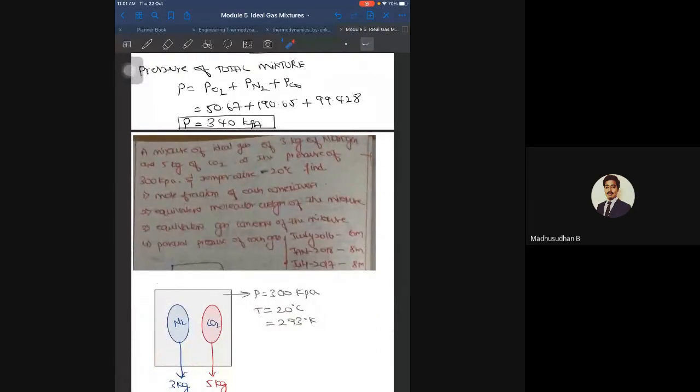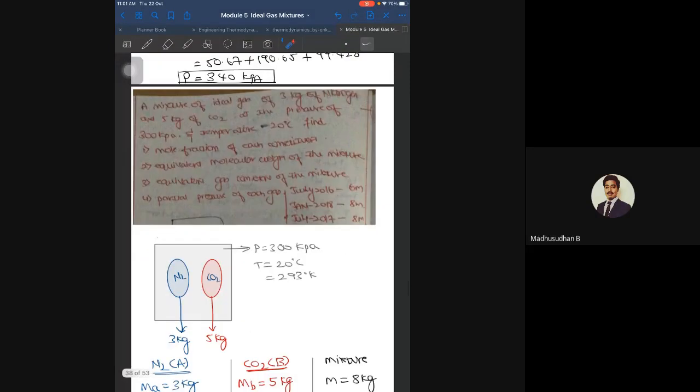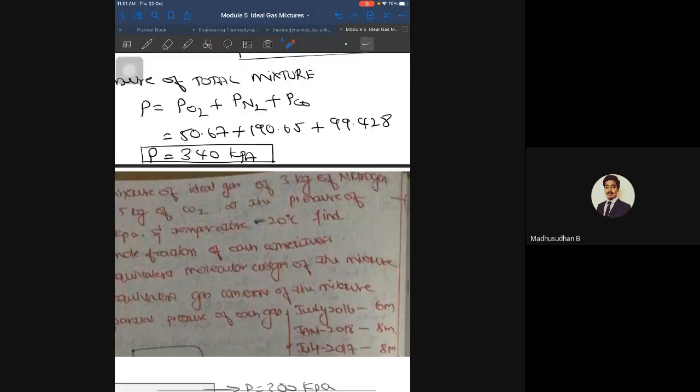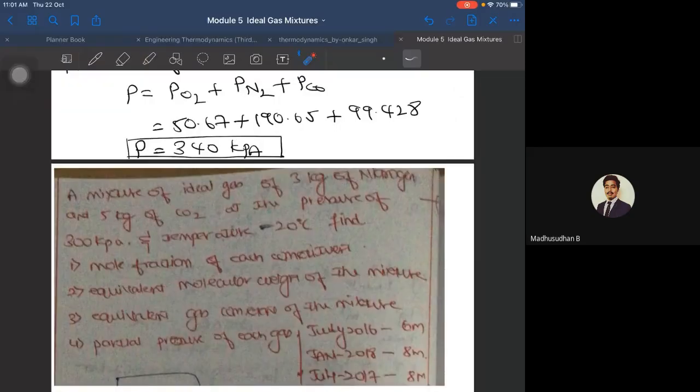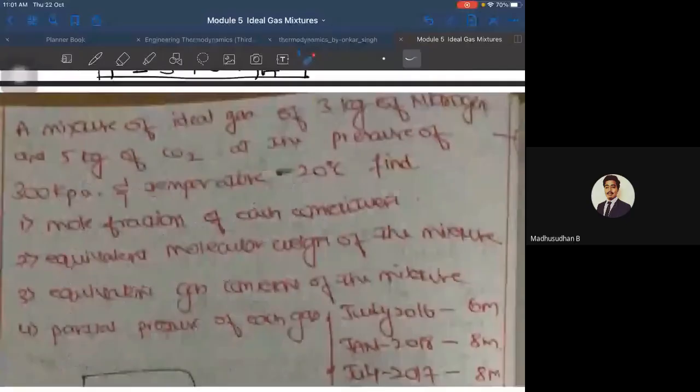Next, there is a similar problem. I want answers from you. Just try this. Again, you can see the same problem, how many times it has repeated. It has the data up till 18 only, but even on 19 Jan I think the same question was repeated. The mixture of 3 kg and 5 kg is a most popular question.